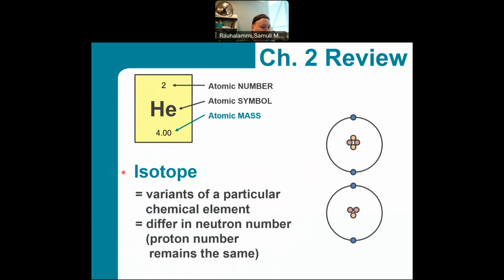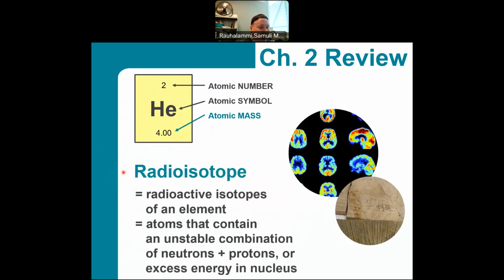And when we're talking about isotopes, one of the concepts we'll definitely start thinking about is radioisotopes. These are different isotopes of an element that contain really unstable combinations of neutrons and protons, or excess energy in the nucleus. That gives radioisotopes certain characteristics that we can utilize for beneficial uses.